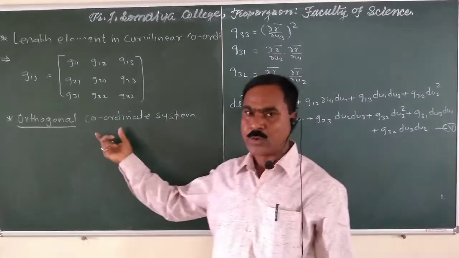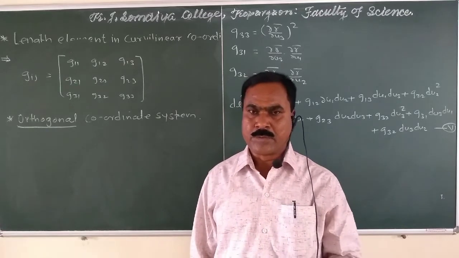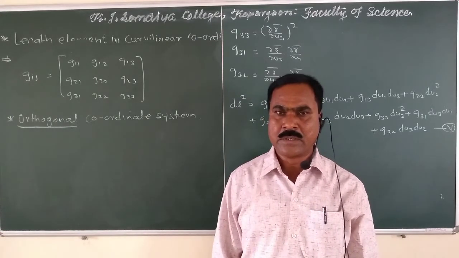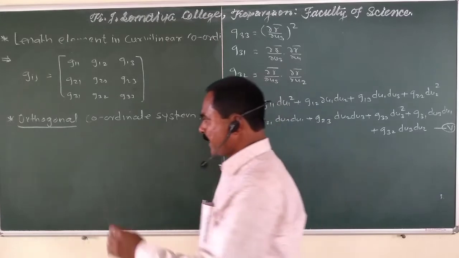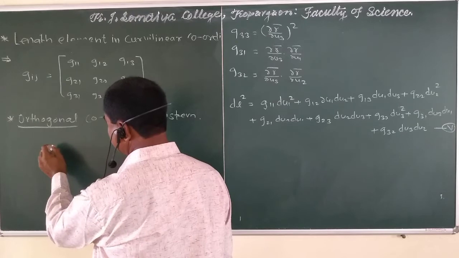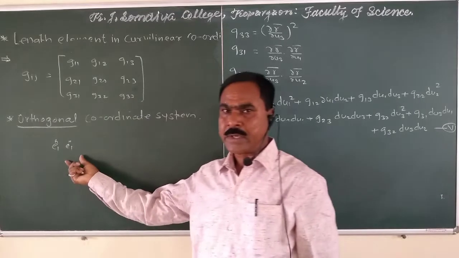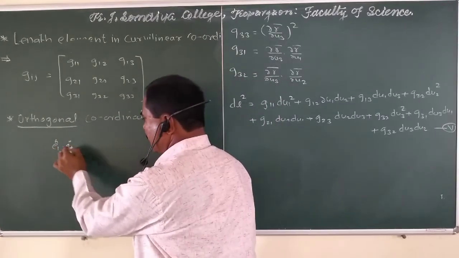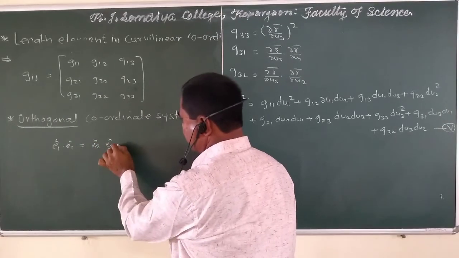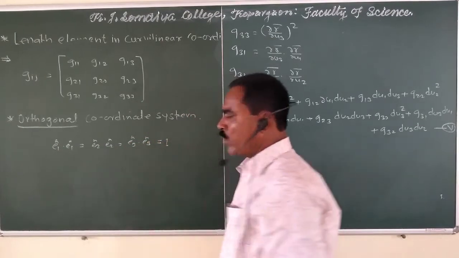When the system is orthogonal, what about the unit vectors? From the unit vectors we can also define the orthogonal coordinate system. In an orthogonal coordinate system we write E1 cap dot E1 cap equal to E2 cap dot E2 cap equal to E3 cap dot E3 cap, equal to 1.